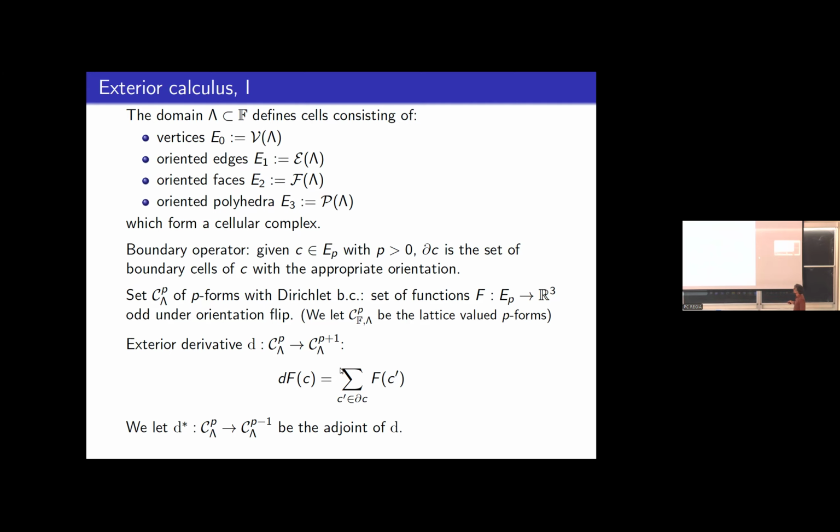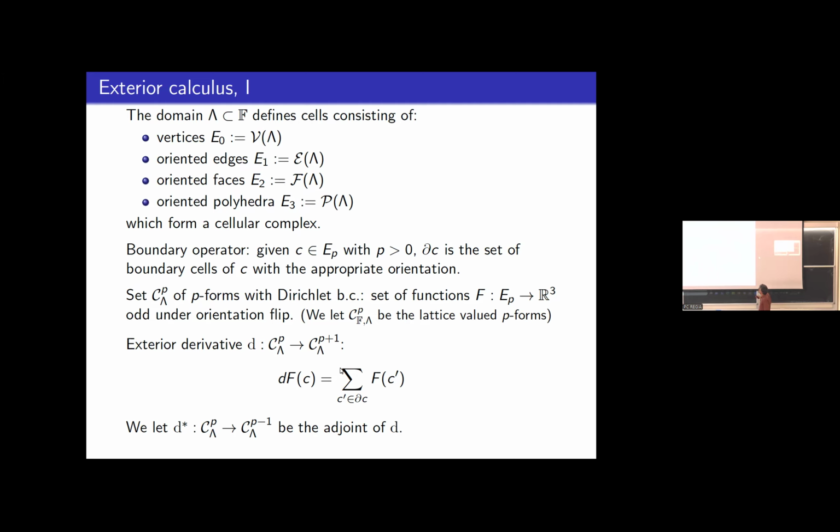There are natural operators acting between these spaces. First of all, there is a boundary operator. You see there are 0-dimensional cells, vertices, that I will denote either like this or like E naught; 1-dimensional cells that are these oriented edges; 2-dimensional cells, these oriented faces; and 3-dimensional cells that are these oriented polyhedra.